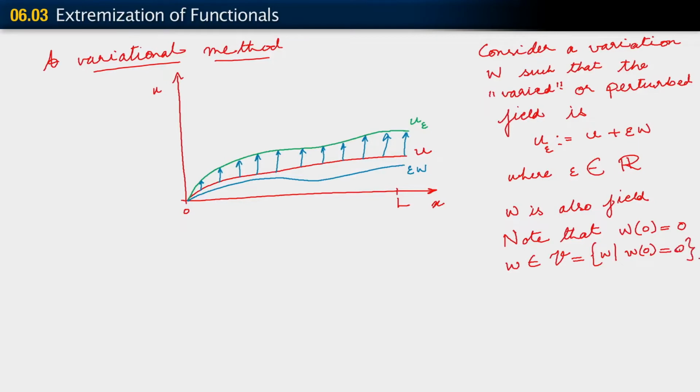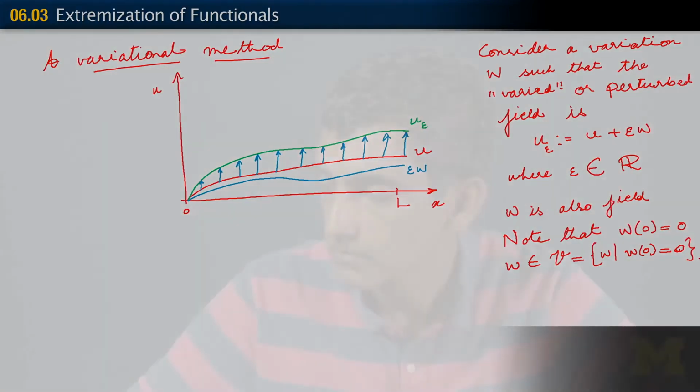Indeed, that's the case. Now, there is a very strong physical and mathematical reason why W is always chosen to vanish at 0. In fact, more importantly, W always vanishes at the Dirichlet boundary.